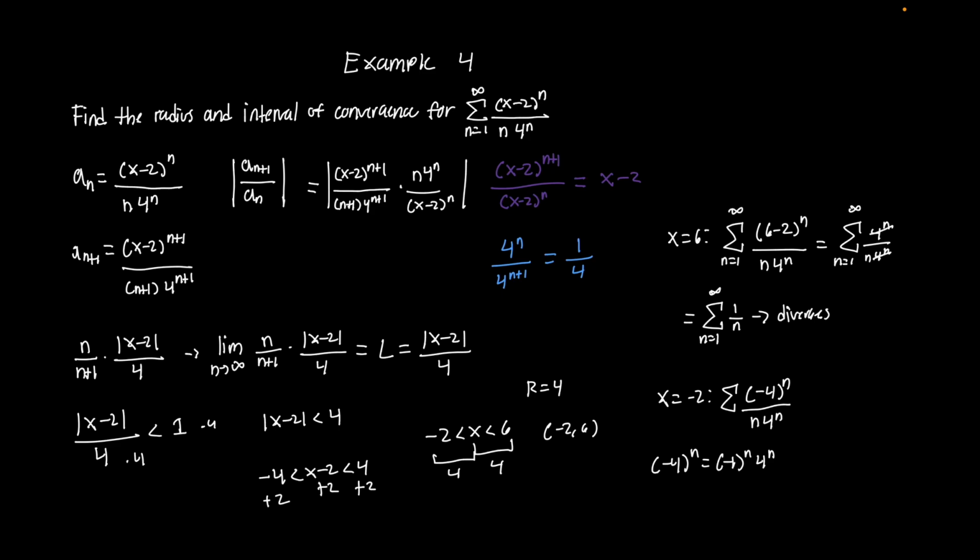So you can just factor out a negative 1. I was thinking of skipping a few steps, but it's probably helpful. So it's just equal to negative 1 to the n times 4 to the n over n times 4 to the n. 4 to the n cancels, so you're left with, well, I keep forgetting to write the series notation.